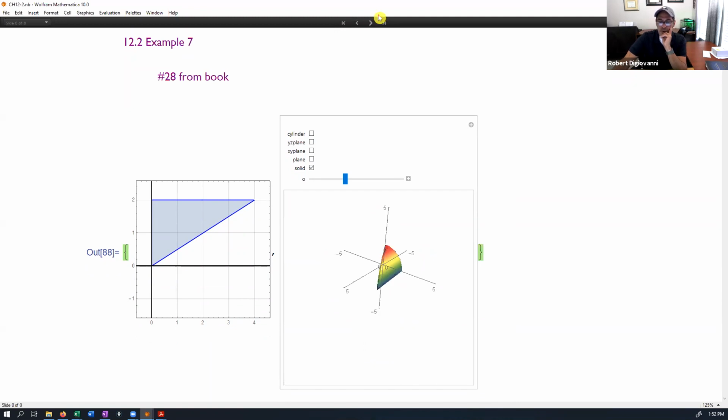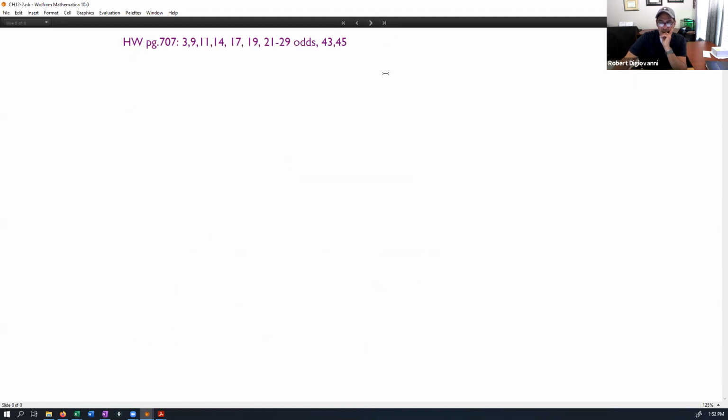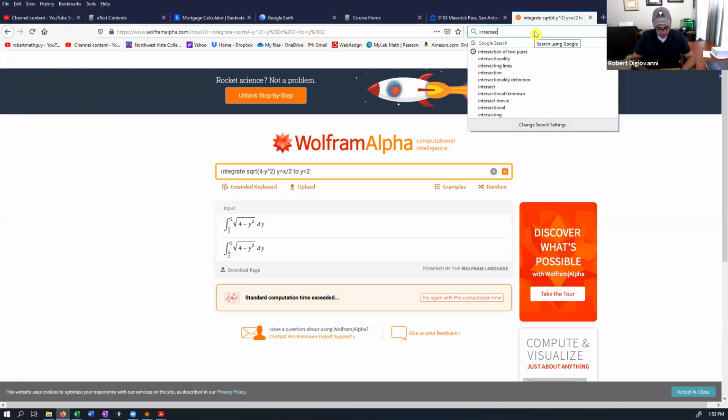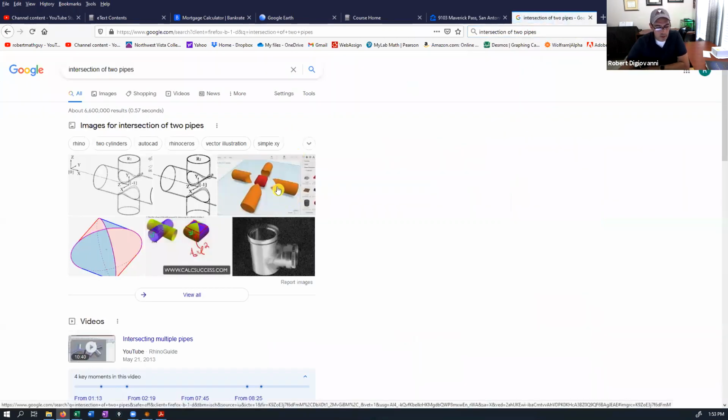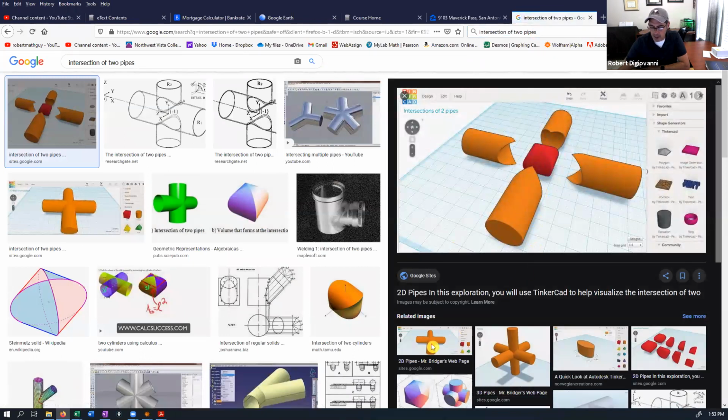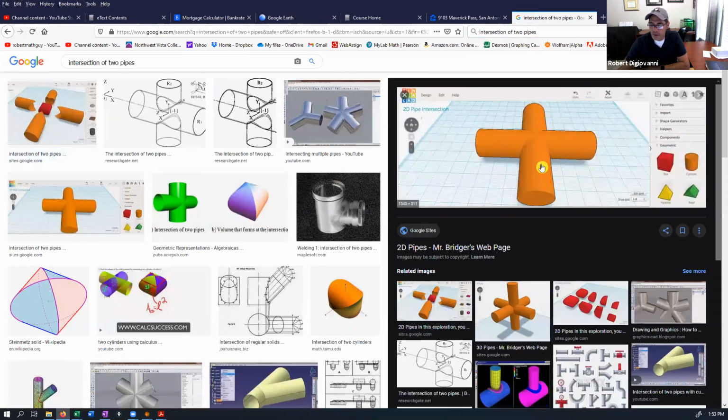So there's a cool problem that comes up that I think is an interesting problem to look at: the intersection of 2 pipes. If you look at 2 pipes coming together like this, and you wanted to know the volume of these 2 pipes together, then if I asked you for the volume of one of them, you could do that.